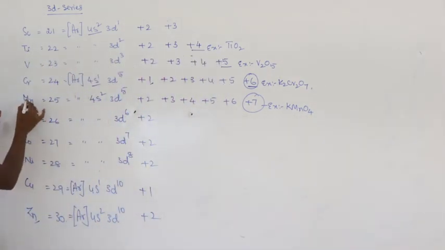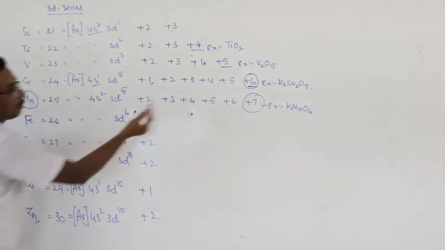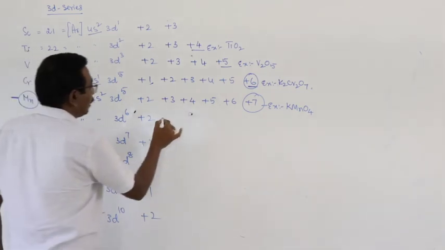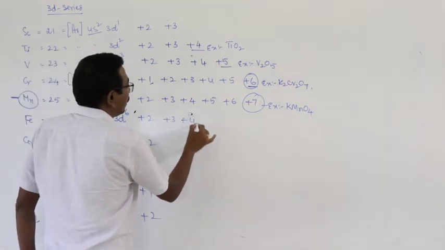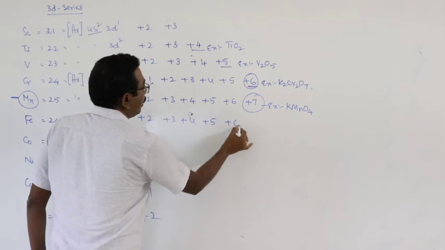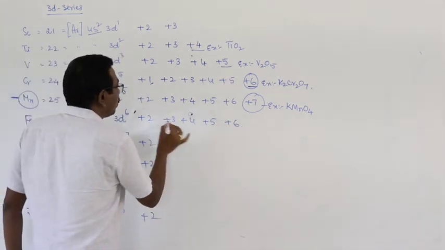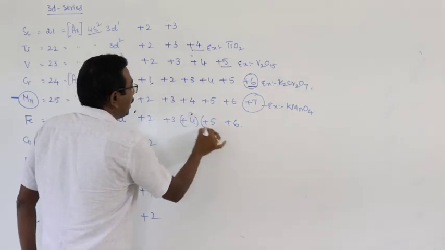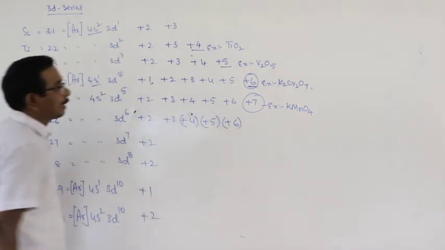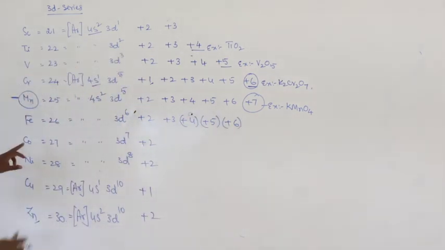The maximum oxidation state shown by 3d series elements is manganese, that is +7. Iron +3, +4, +5 and +6. But here only +2 and +3 are stable. The remaining all are unstable. They are kept in brackets.